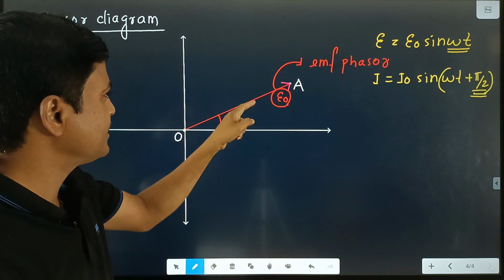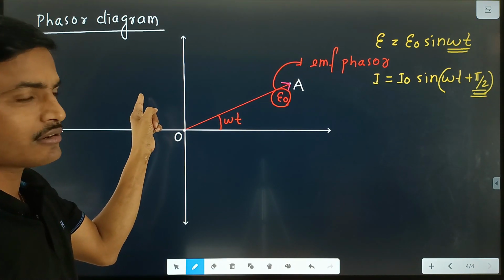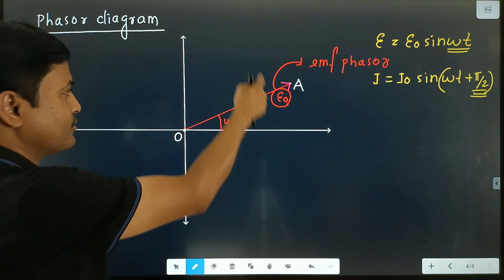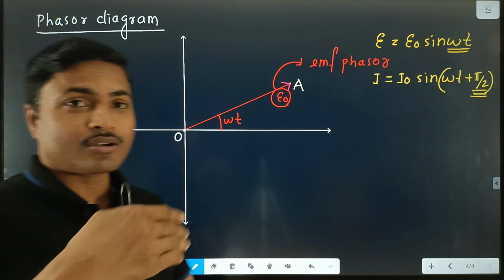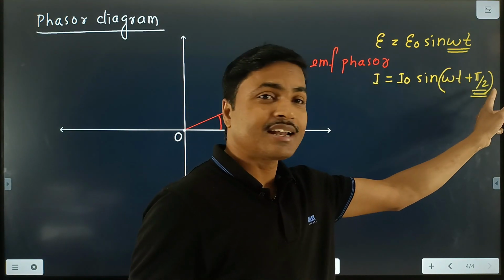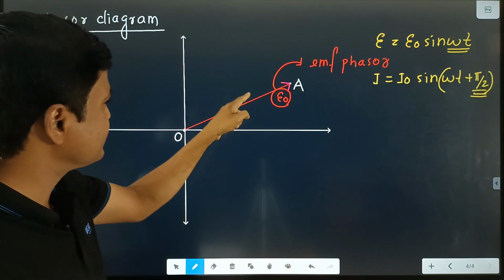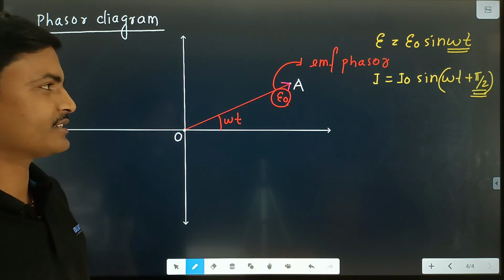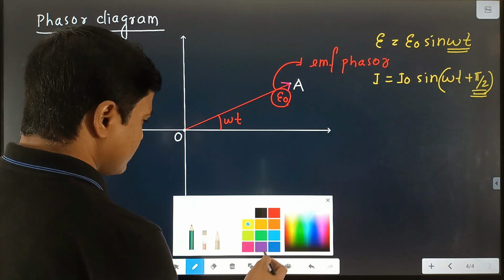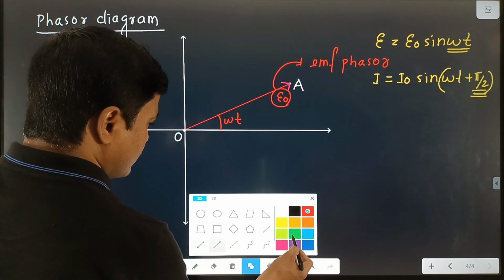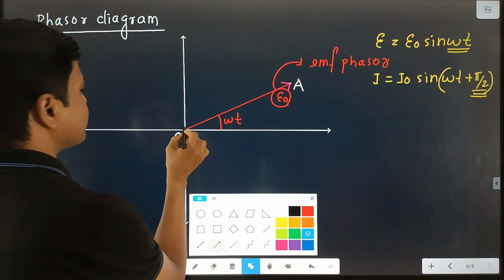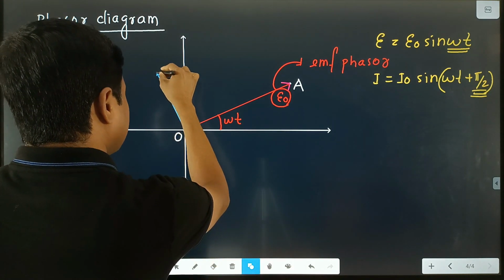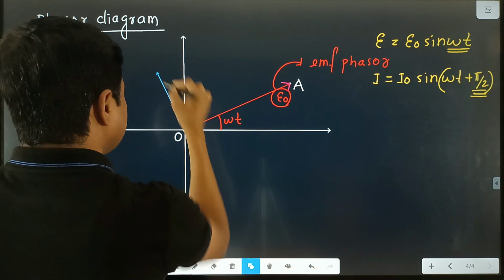Leads by an angle means in the anti-clockwise direction, because the phasor rotates in the anti-clockwise direction. So current leads by an angle pi by 2. Leads means in the anti-clockwise direction, lags behind means in the clockwise direction, and here leads means we draw the current phasor that leads by an angle pi by 2.